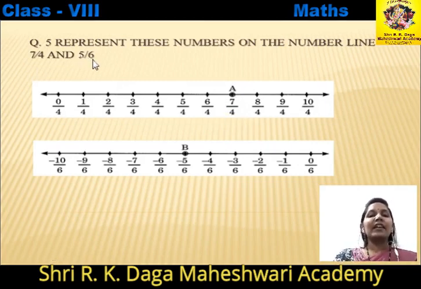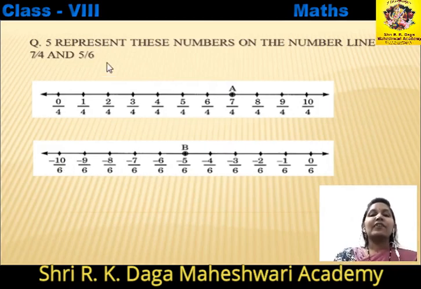In the next we have 5 by 6, it is minus 5 by 6 in the book. So minus 5 by 6 will come on the negative side. So after 0 we will write numbers 0, minus 1, minus 2, minus 3, minus 4, minus 5, minus 6, minus 7, minus 8, minus 9 and minus 10.